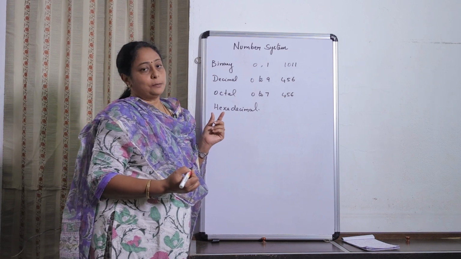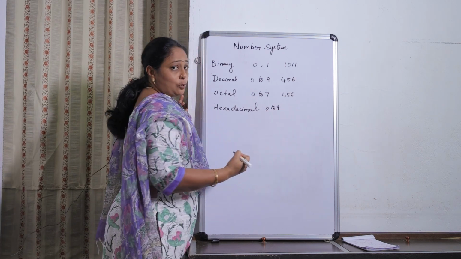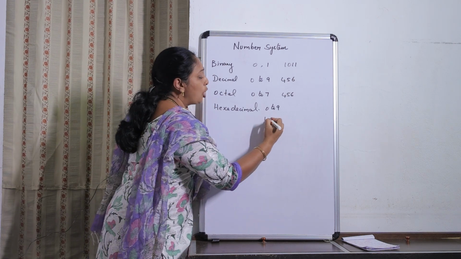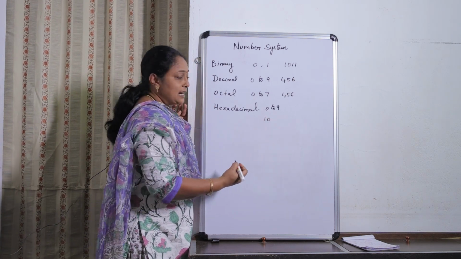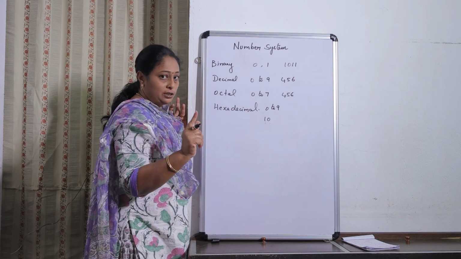But of the 16 digits, we have numbers from 0 to 9. Okay, digits from 0 to 9 we have. And when we start with 10 to 15, 10 is not one individual digit. 10 is a combination of 1 and 0, which is a number, it is not a digit.